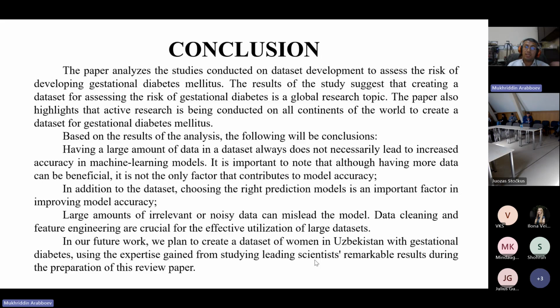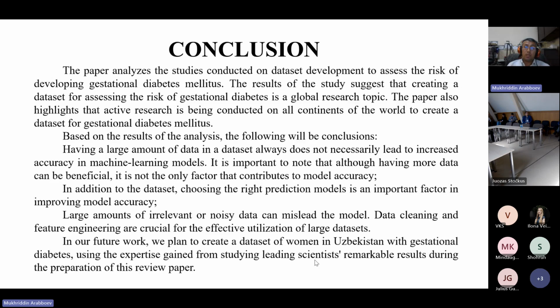In addition to the dataset, choosing the right prediction models is an important factor in improving model accuracy. Large amounts of irrelevant or noisy data can mislead the model. Data cleaning and feature engineering are crucial for the effective utilization of large datasets.